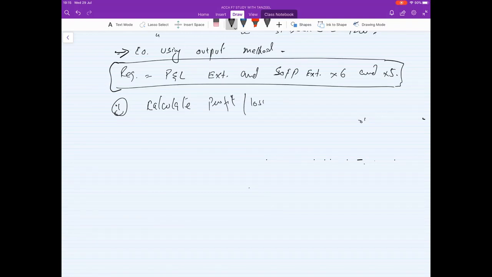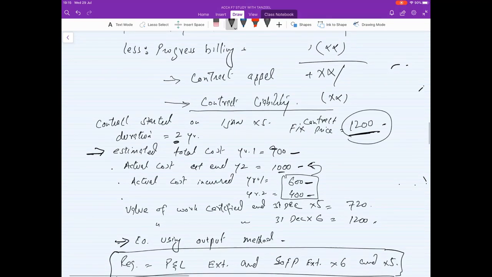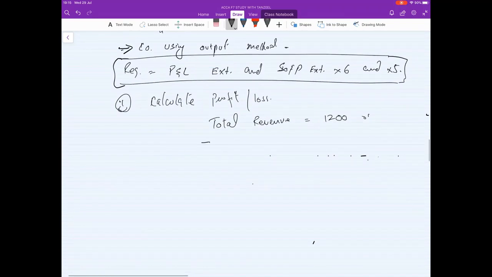So okay, total revenue. What is the total revenue? Fixed price is 1200, minus total estimated cost, 900 was the total cost.